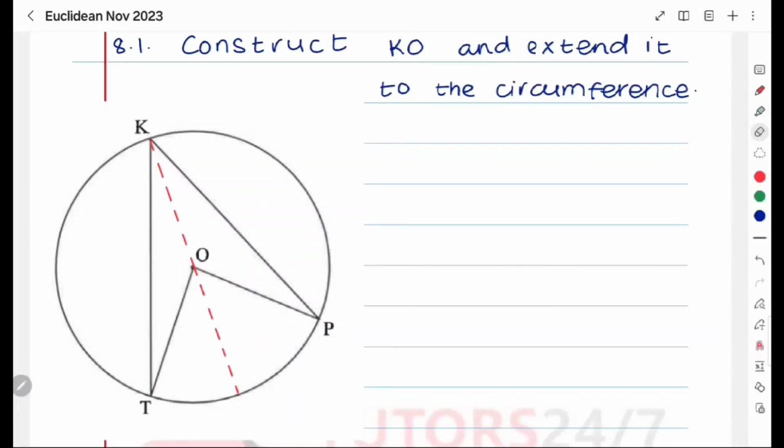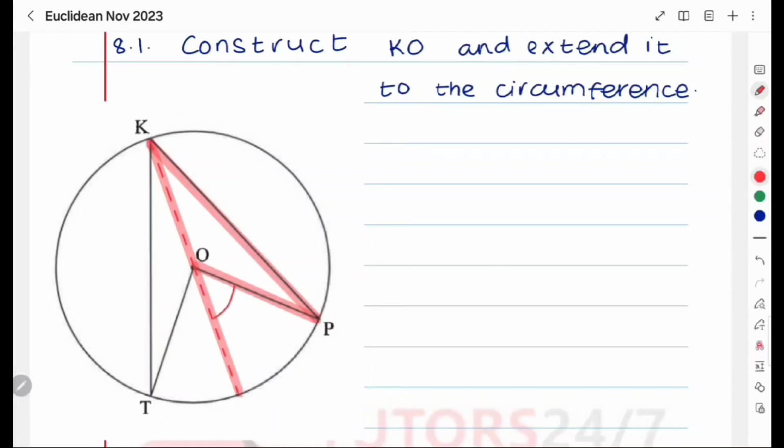Now, as you can see, we've now broken this figure up, or we've split the figure in half. From here, I'm going to look at the right and left side independently. So let's start with the right. So I'm going to highlight this triangle that I want you to focus on. So it is the triangle KOP, and it has an exterior angle.